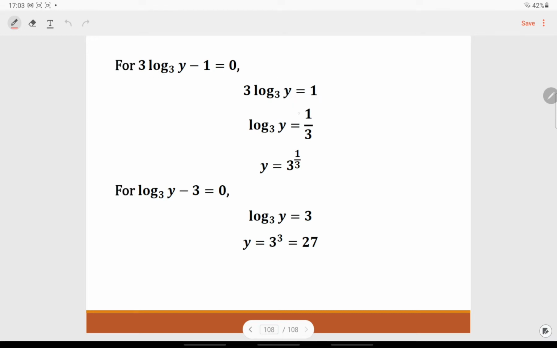We change from logarithmic form to index form. So this is the first value for y. And for the second one, we take 3 to the other side and change from logarithmic form to index form. So we come up with the second value for y. Both values solve the given problem for y.